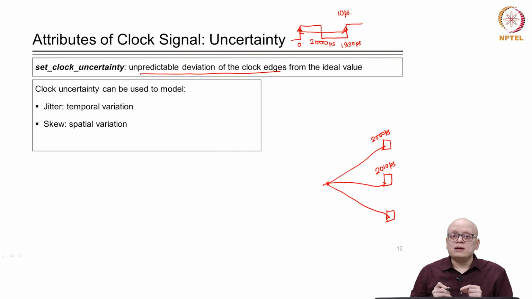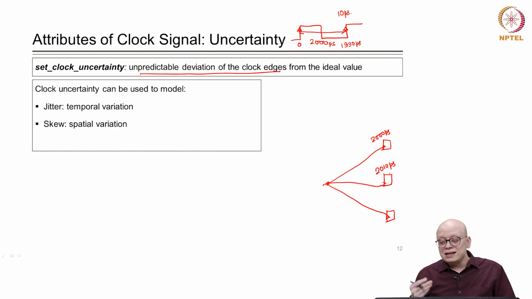If in the earlier parts of our design flow we have not yet implemented our design in terms of clock tree, right, then the clock tree does not exist and therefore the tool cannot compute these skews on its own, right. So, to model the expected skew, we can use the set_clock_uncertainty command.